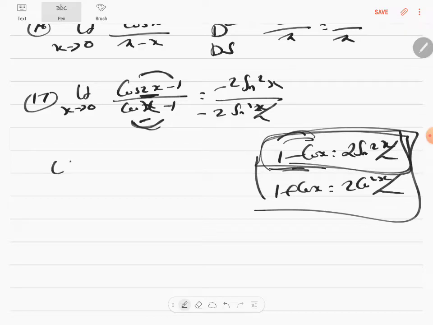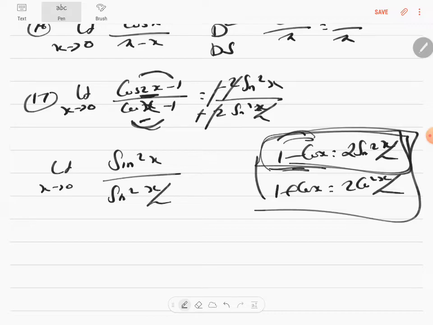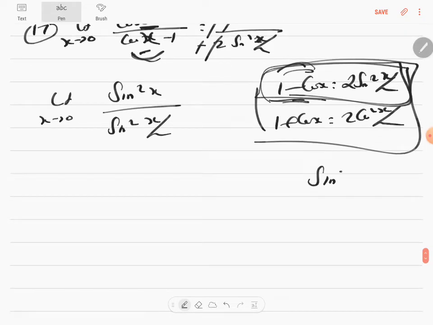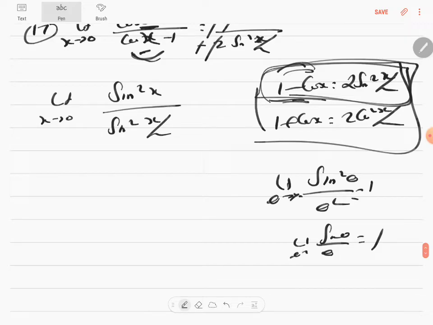So this limit, x tends to 0. Minus and minus get cancelled. You have sin square x by sin square x by 2. And you should know that limit of sin square theta by theta square as theta tends to 0 is also 1. Because sin theta by theta is 1, if you square it, it becomes sin square theta by theta square.